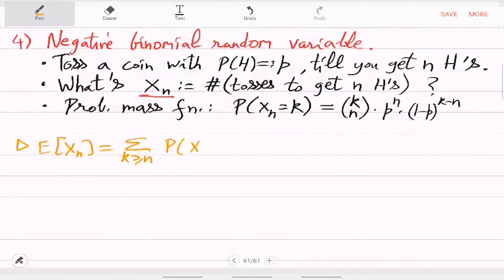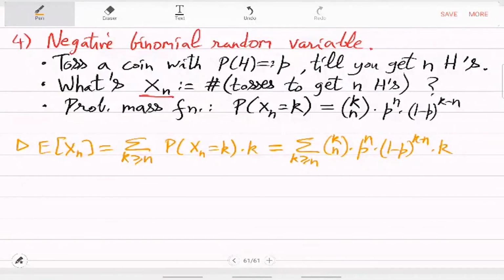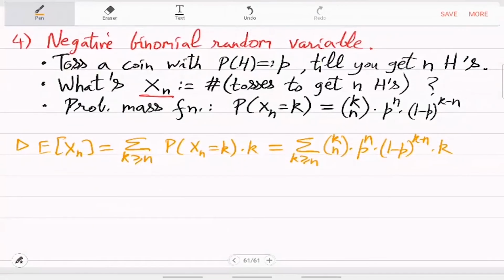So you get the sum over k of the probability that xn is k, times k, and that is just the following expression. This is a more complicated expression than before. I do not know how to compute this. Let me now give an alternate calculation.